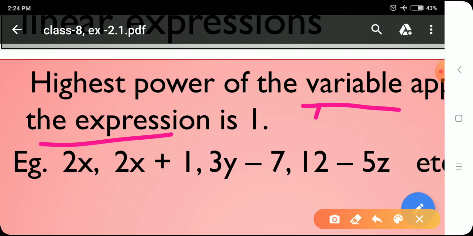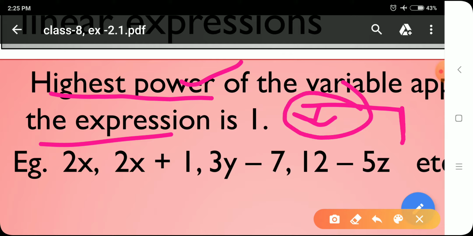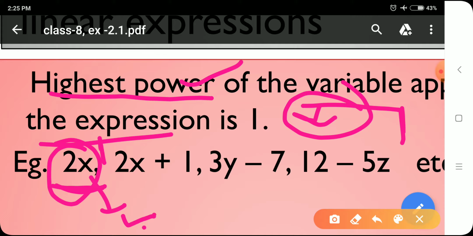For example, here the variable is x and its power is 1, so this is a linear expression.